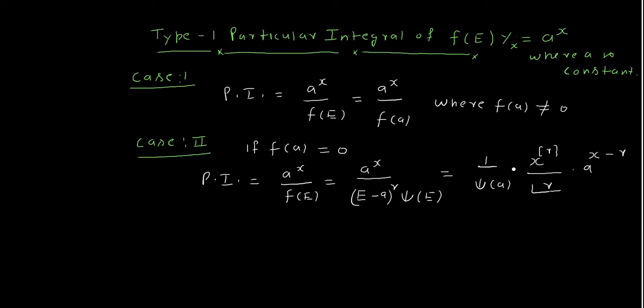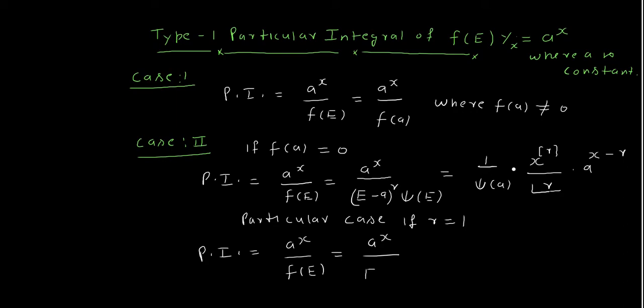A particular case of this: if r equals 1, then the particular integral becomes a to the power x upon (E minus a) phi of E, equal to 1 upon phi of a into x to the power 1, which means x.